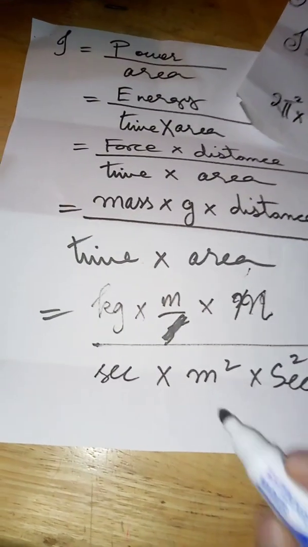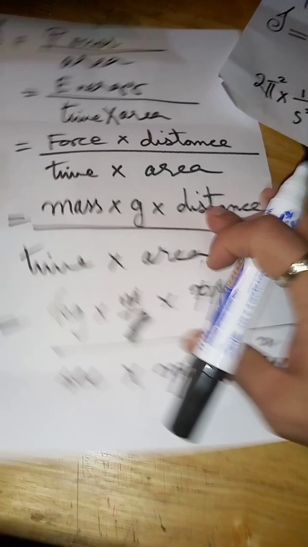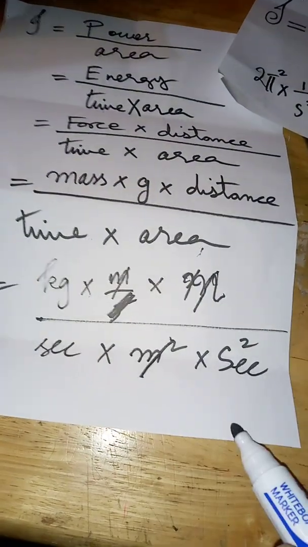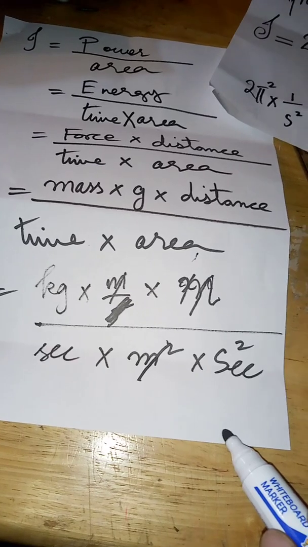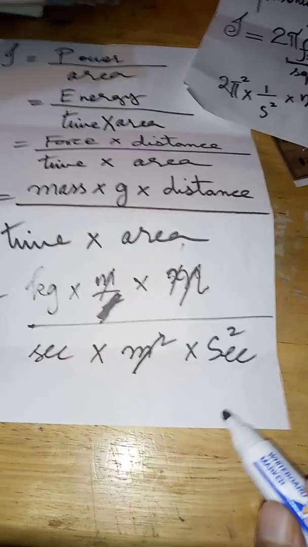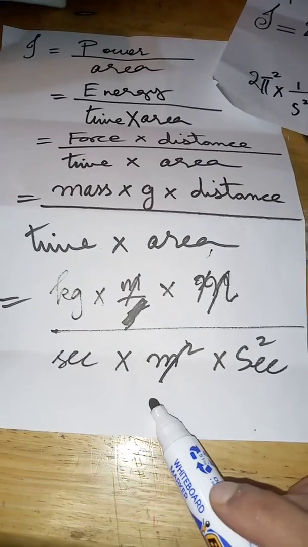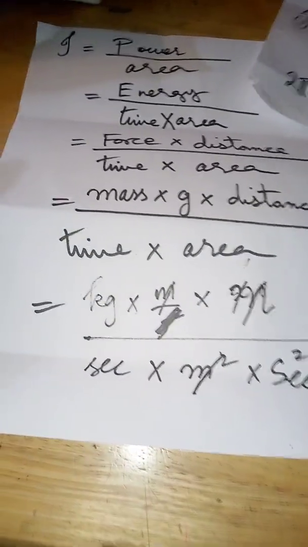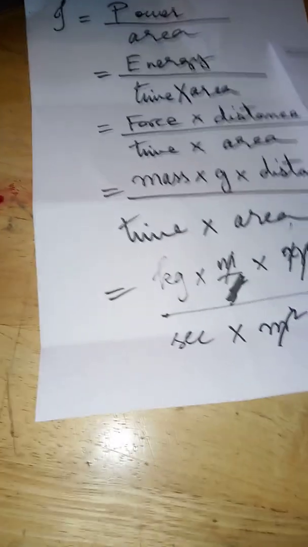So we can cancel out meters and meters squared. So we get seconds, and then we can cancel out kgs, so we are left with kg per second cubed, and here kg per second cubed in this formula is consistent with the general dimensional units of intensity.